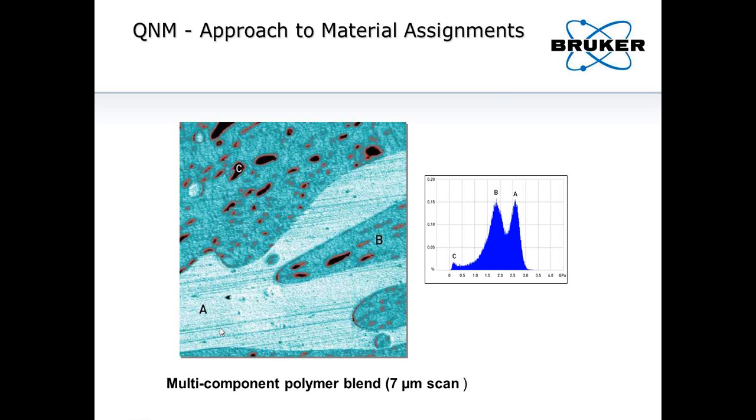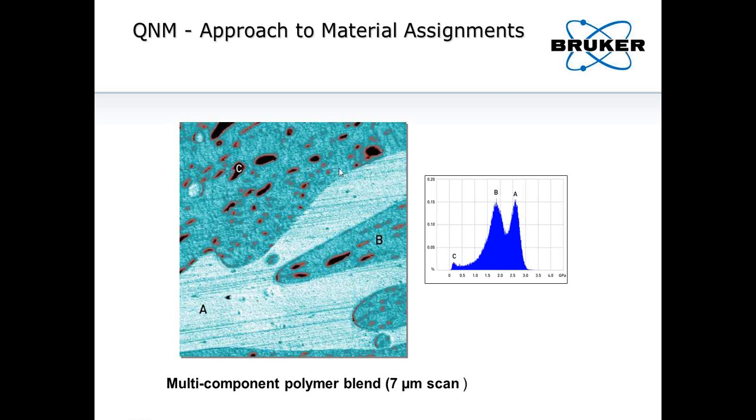And from this map, you can see three different colors: the light blue or almost white, and the blue, and also the dark area. Now, if you do a bearing analysis, you can see the distribution of the modulus. You get 3 peaks, A, B, and C, corresponding to different polymers.